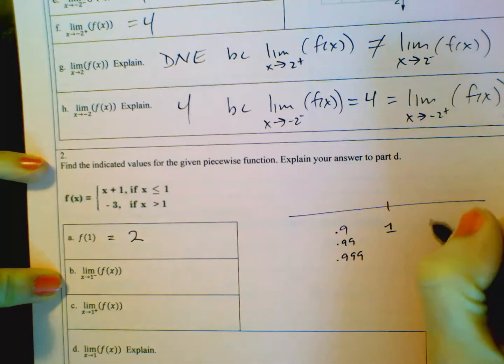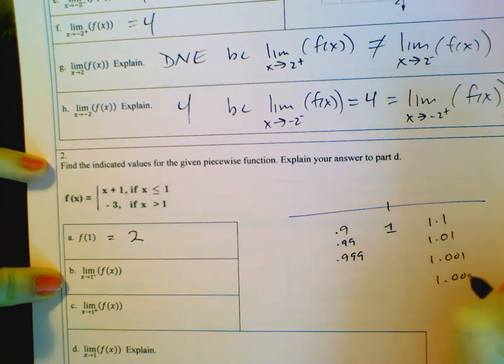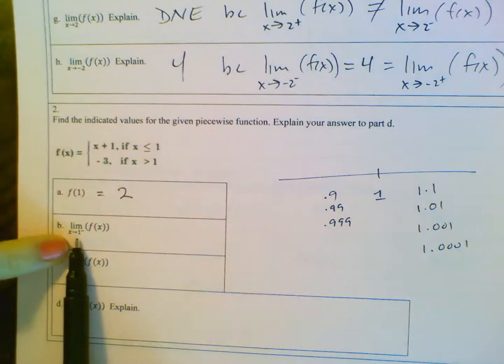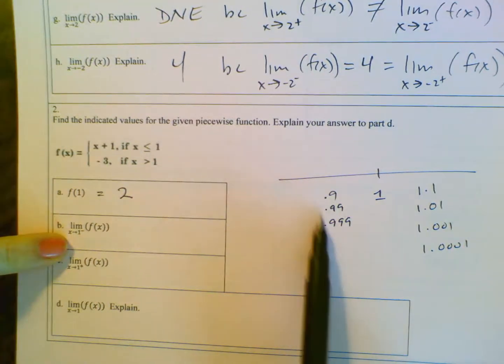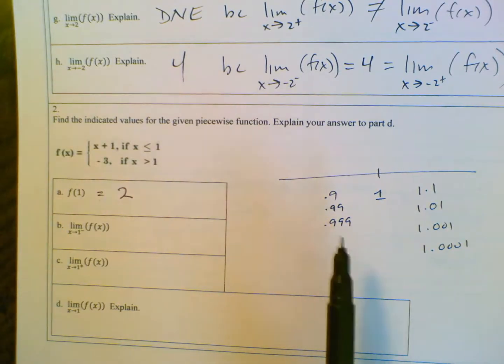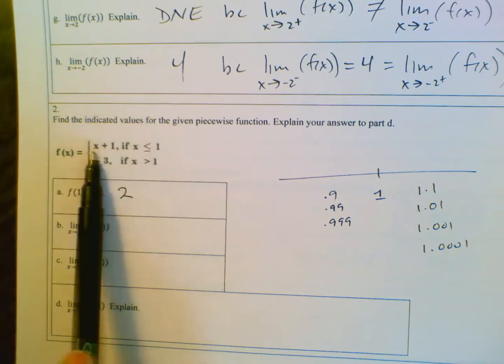And to the right of 1 would be like 1.1, 1.01, 1.001. So I'm approaching 1 from the left, plugging in a sequence of numbers like this, and these numbers would be less than 1.